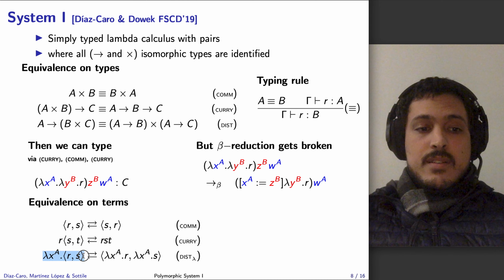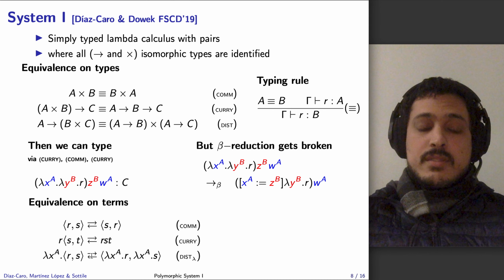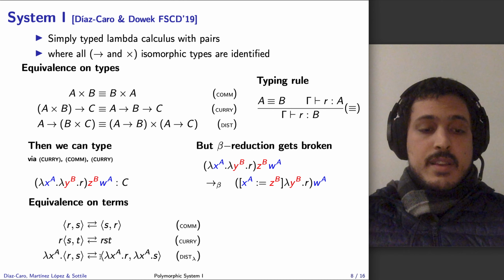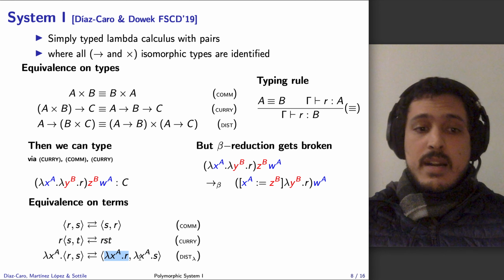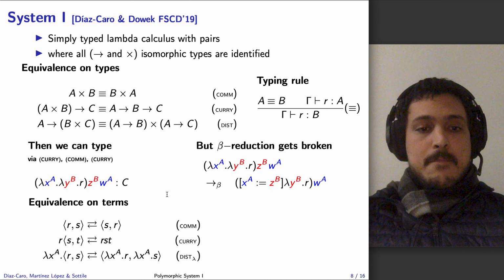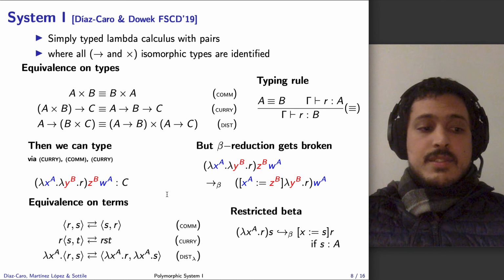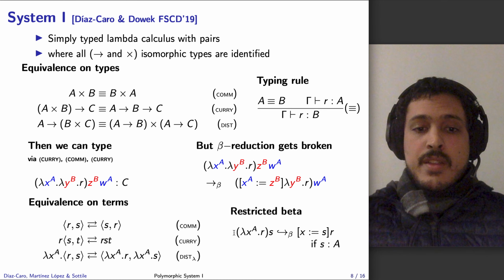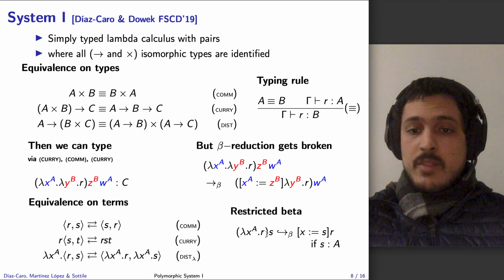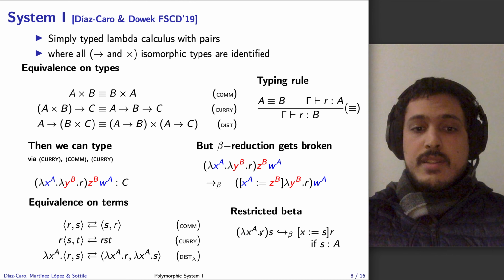And an abstraction that gives a pair as a result is the same as a pair of functions, where the first function computes the first element of the pair and the second one computes the second element of the pair. They also restricted the beta reduction, so this can only reduce if the argument has the same type as the variable being abstracted.